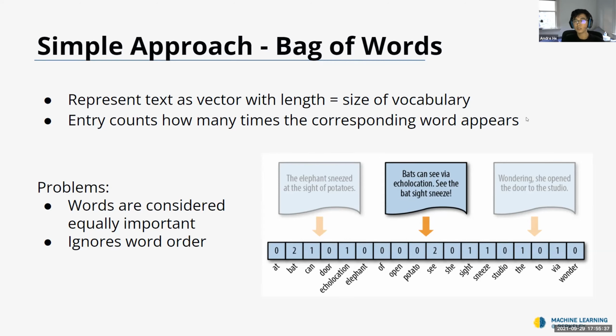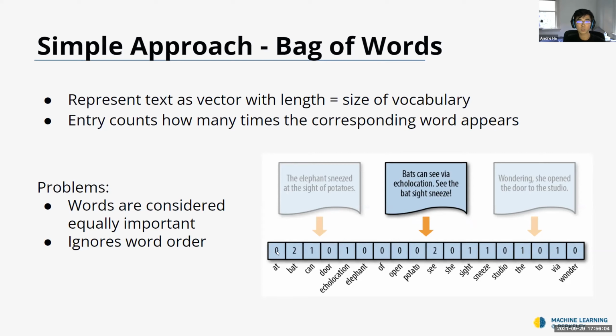Yeah, and the main problem here is that this is just a very basic way to represent text, right? You know that it's problematic because a human looking at just this vector, even if they know what each entry corresponds to, would find it very hard to tell what this text originally was saying.